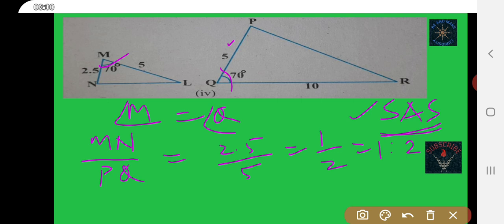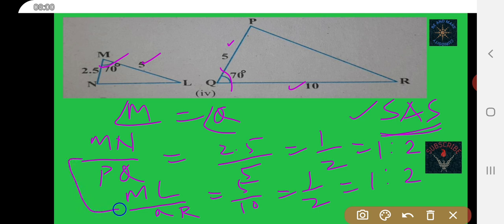Now ML corresponds to QR, that is 5 by 10, which is equal to 1 by 2. So ratio is 1:2, and this ratio and this ratio are equal.